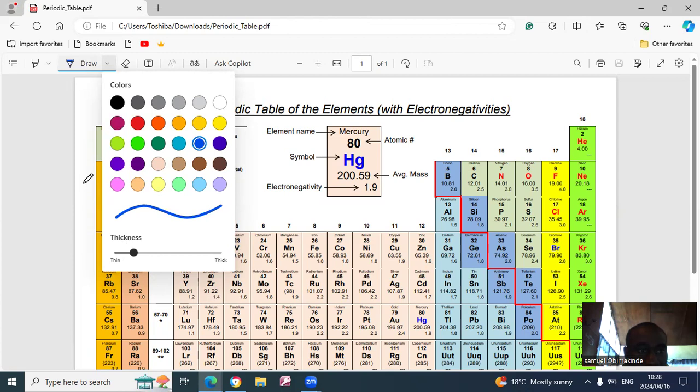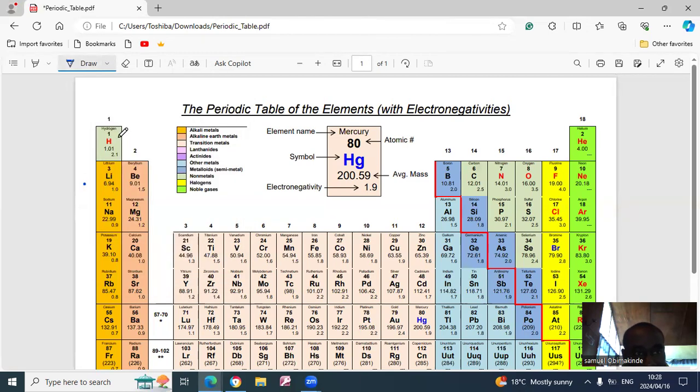Before we go to other groups, it's important to note that most of the elements in group 1 and 2 are metals. The only exception here is hydrogen. Hydrogen behaves in a funny way.